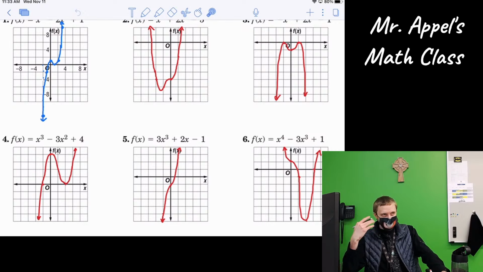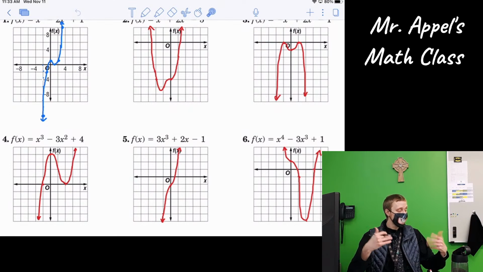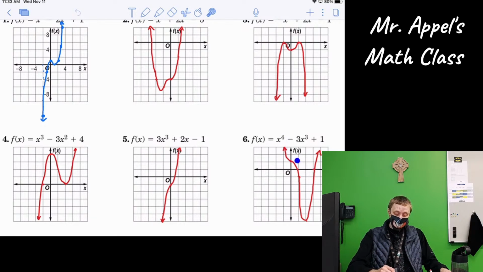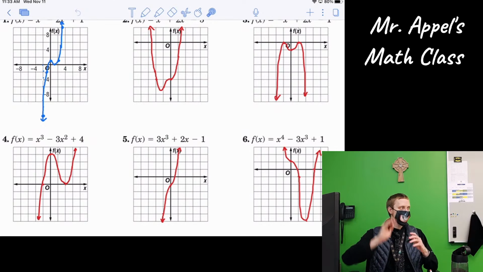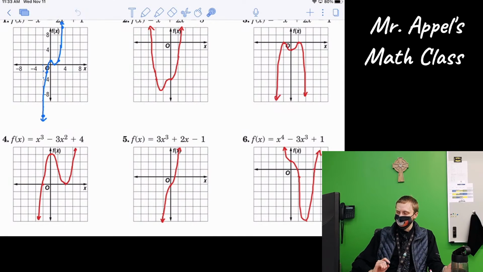But we will slowly, as the years go by, develop additional tools, particularly calculus has a specific tool for letting us calculate that curvature, whether it should be bending upwards or downwards, and you'll get into a little bit of that in pre-calc. All right, any questions there from yesterday's graphs?